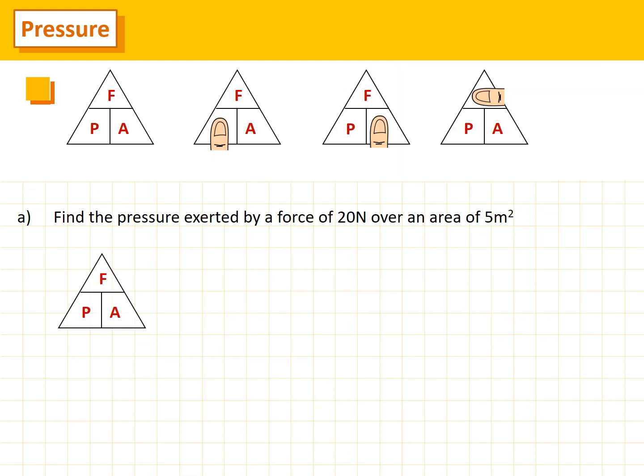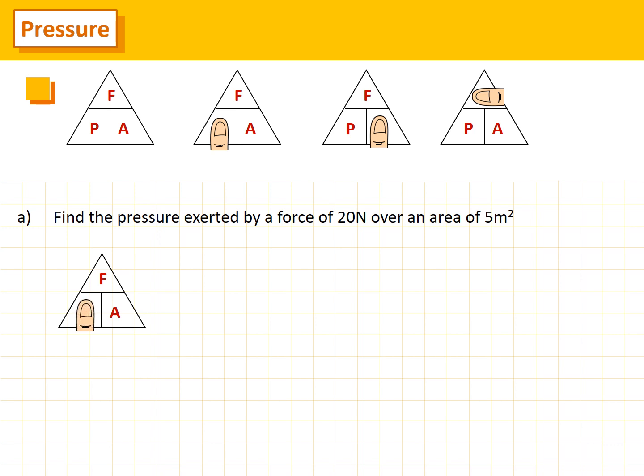We can make things a little bit quicker with a force, pressure, area triangle. In this example, we are trying to find the pressure exerted by a 20 newton force over an area of 5 square meters. Because we're trying to find the pressure, we place our finger over the P for pressure.